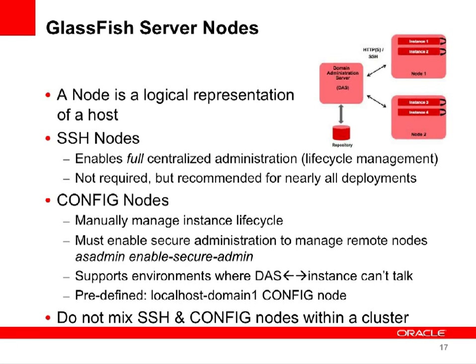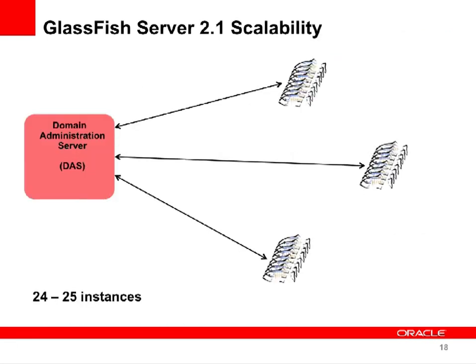When you say start cluster, it's going to want to use SSH to start the cluster on all the remote instances. And if you have some config nodes, those nodes won't be started. So even after you say start cluster, if you mix config nodes in with your cluster, you'll then have to log into those nodes and actually run start local instance. And as you explode the number of managed clusters in a DAS, they can just be mentally hard to track. So that's the reason why I recommend not to mix SSH and config nodes within a cluster, although technically you can do it.